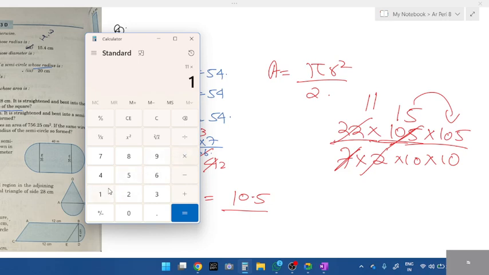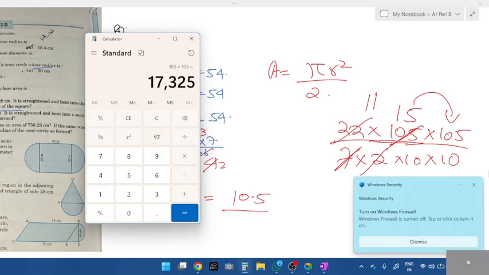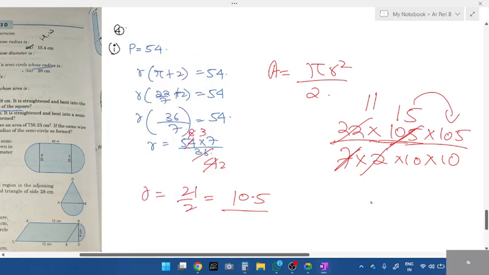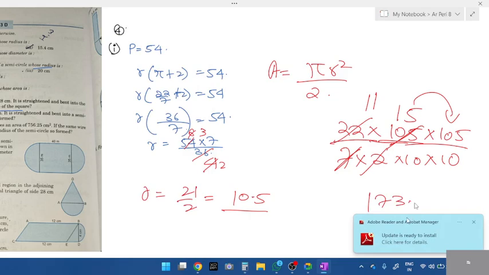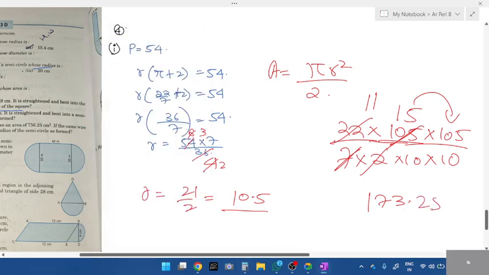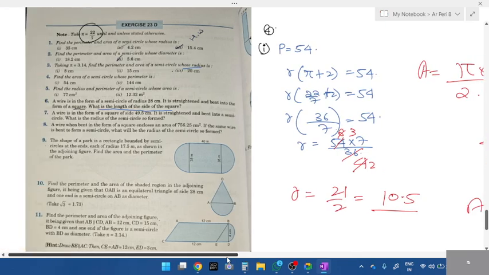Okay, 11 into 15 into 105. What's the answer? Is it 173.25? You'll get the answer, students. 173.25. You're getting the same answer. Centimeter square or meter square? What is given there?